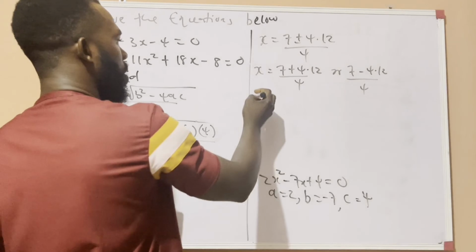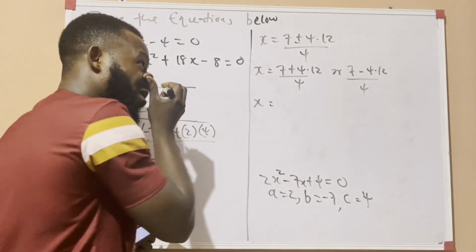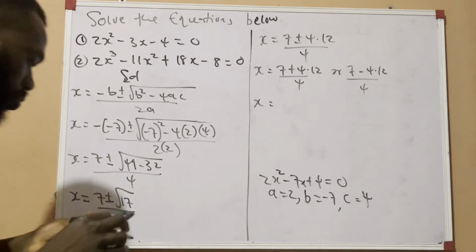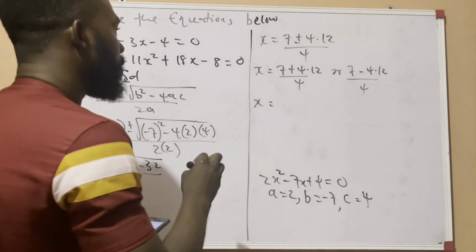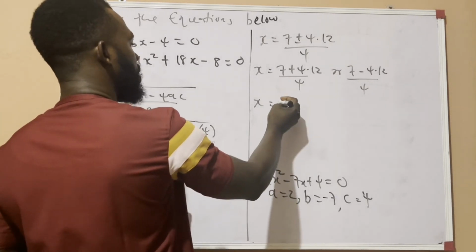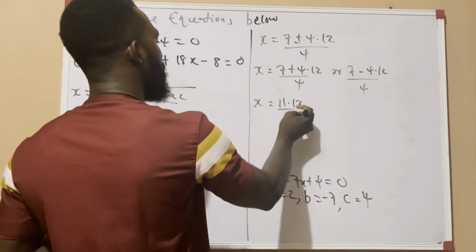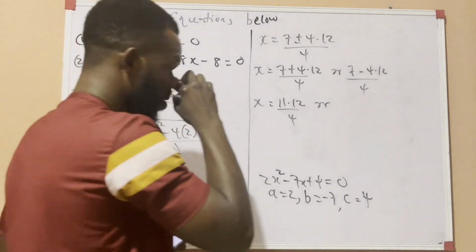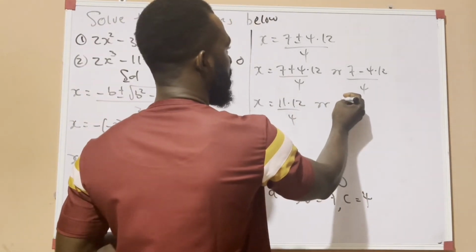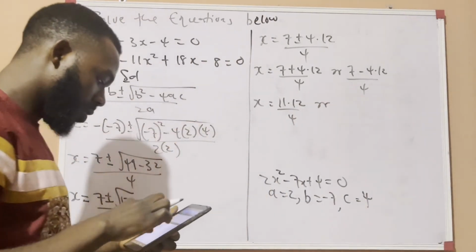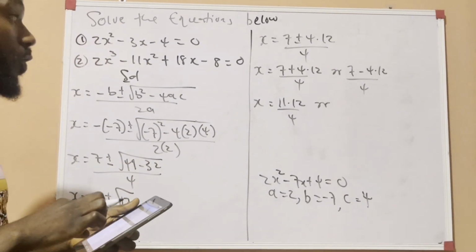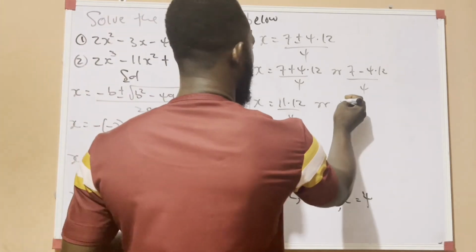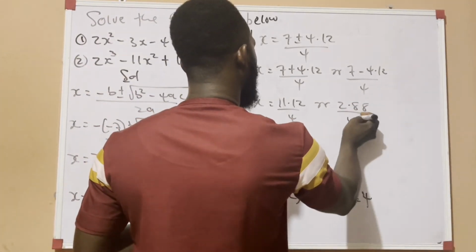Okay, so 7 plus 4.12 will give us 11.12 over 4, or 7 minus 4.12 will give us 2.88 all over 4.